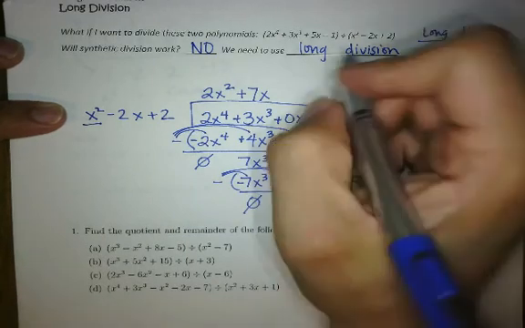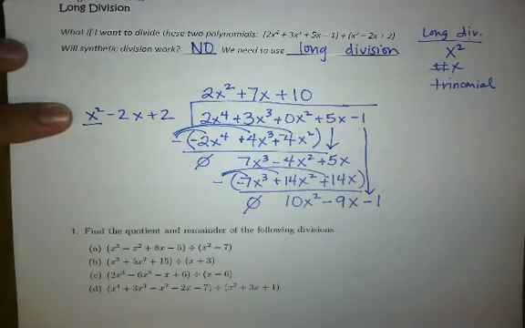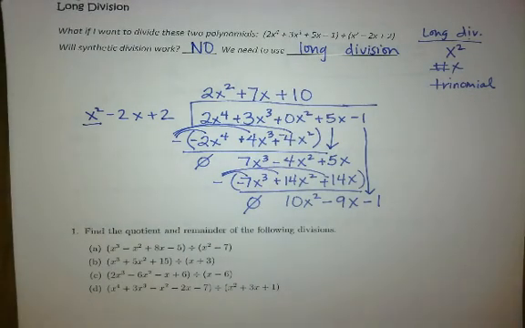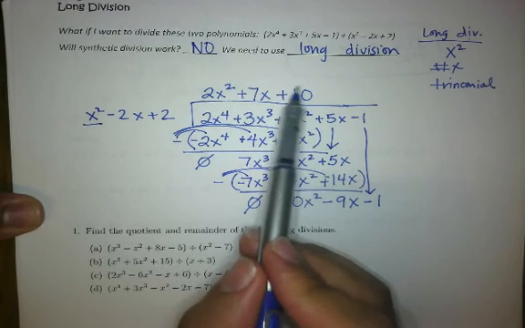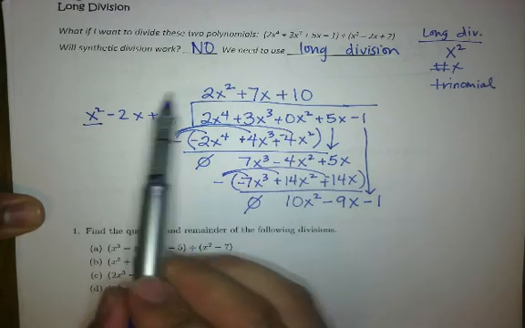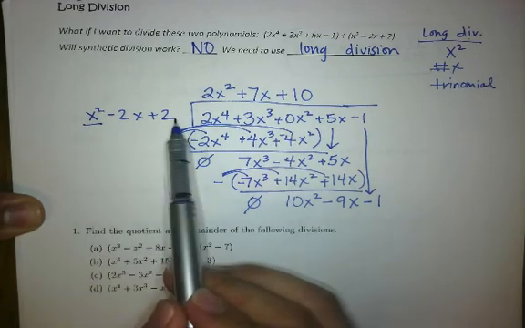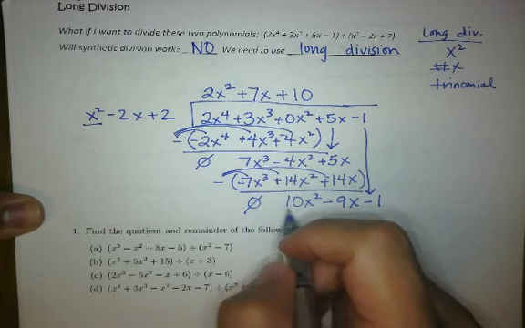Very good. X squared times 10 gives us 10x squared. And if you don't get this right now, that's fine. When I'm done, you're going to go on Delta Math and you're going to see examples, and you are going to have access to look at this video again and come for tutoring if you need it. Okay, so now I take this 10 and I multiply it times these terms.